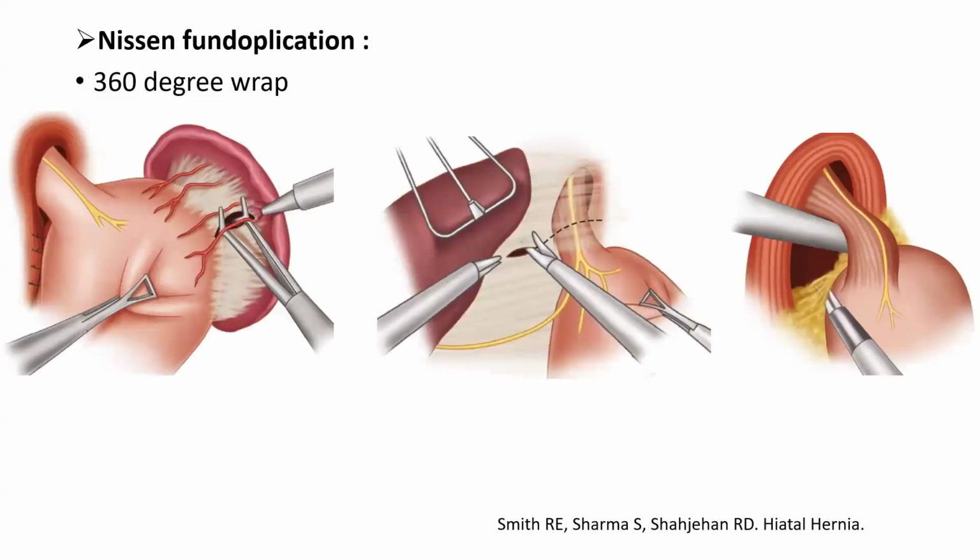Coming to the surgical procedures, the Nissen's fundoplication is a 360-degree wrap, which involves completely wrapping the gastroesophageal junction using the stomach fundus. In this procedure, a 52 French bougie ensures the approximation without the wrap being too tight.